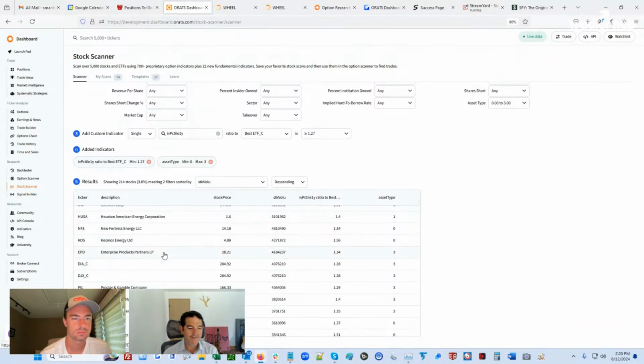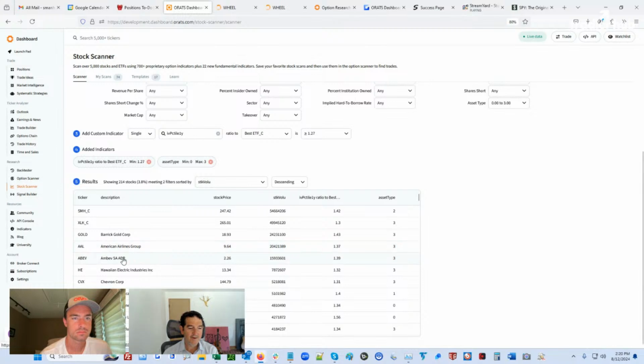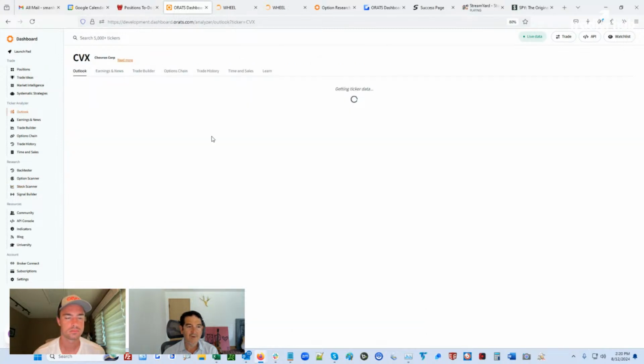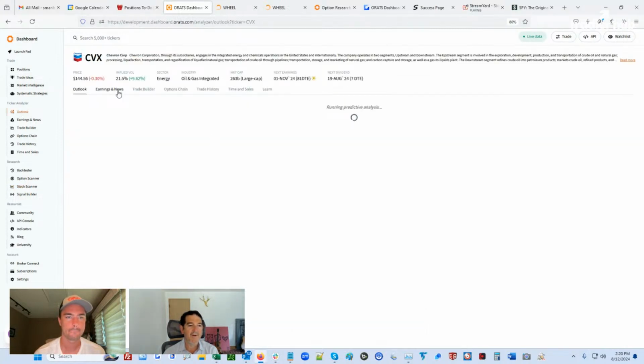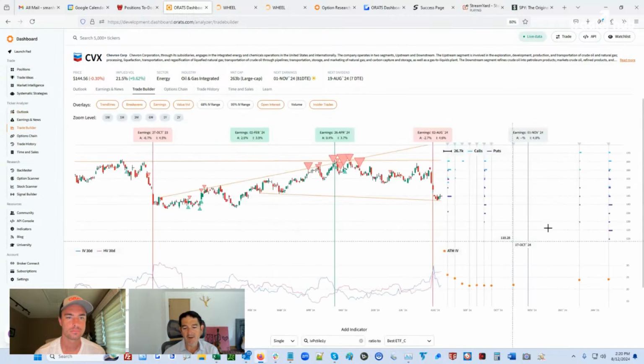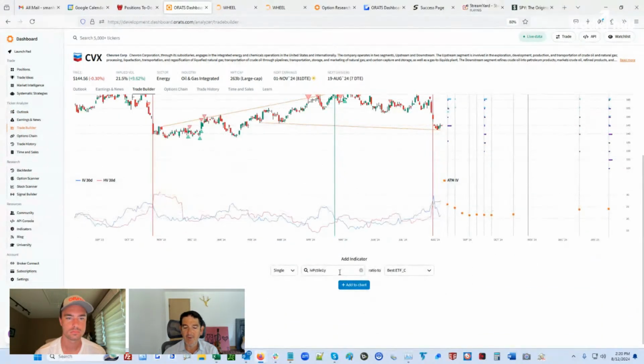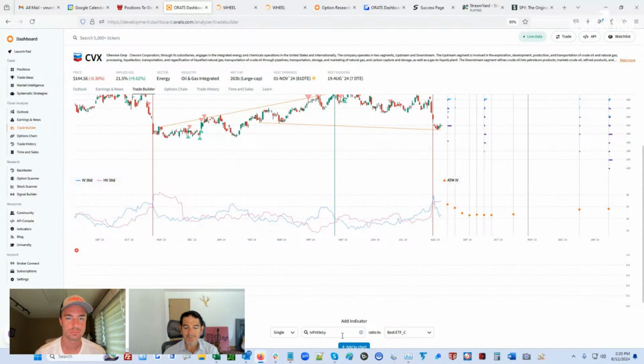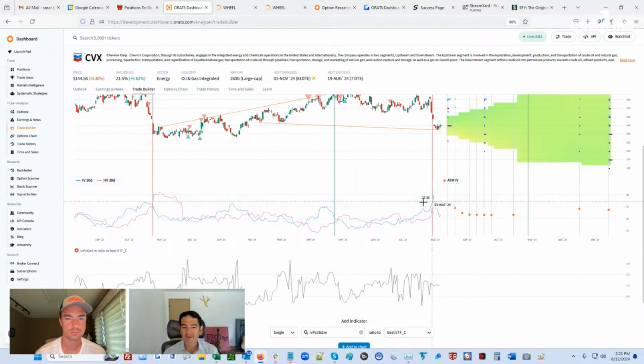Let's look at Chevron. It's a little bit interesting that the percentile of Chevron is that high. So let's look at Chevron. We go to the trade builder and look at what the percentile is. It's probably pretty high. So look at how the volatility spiked and it has come down.